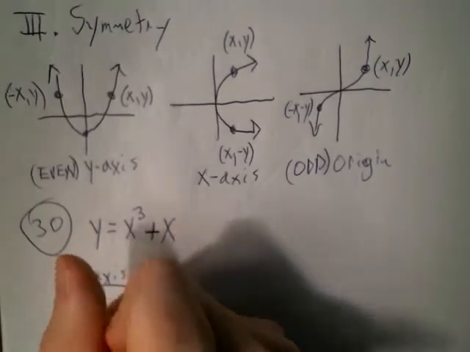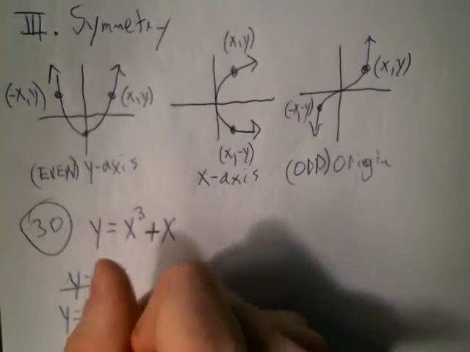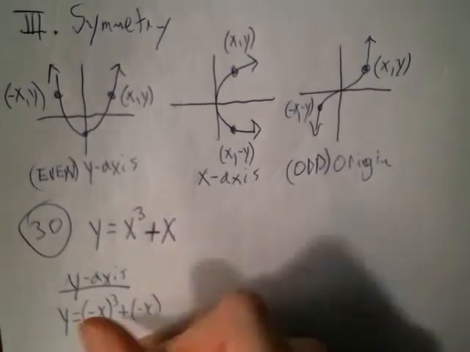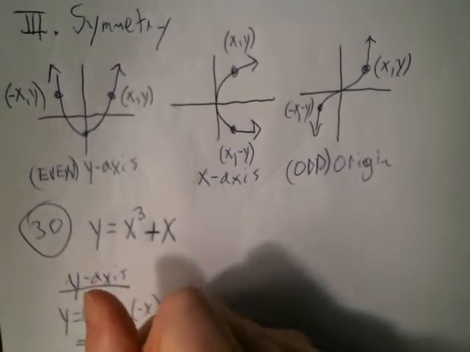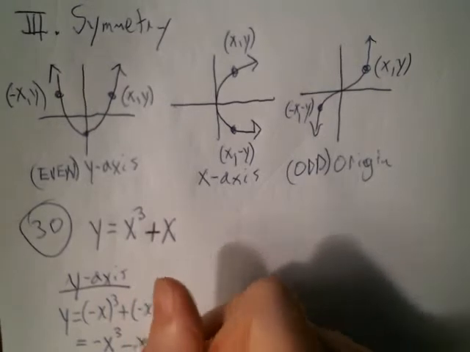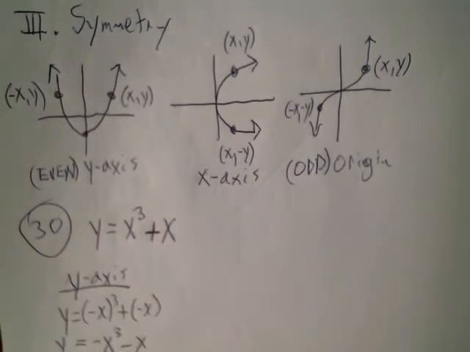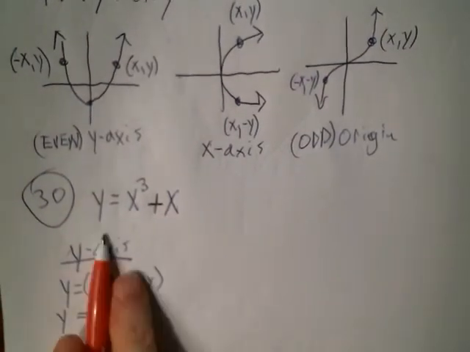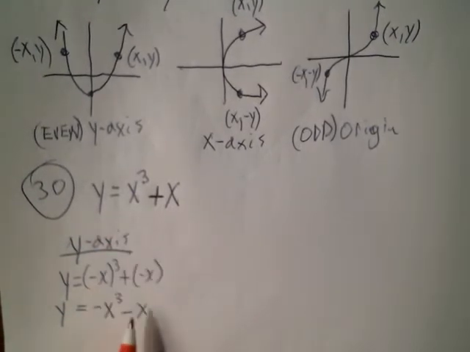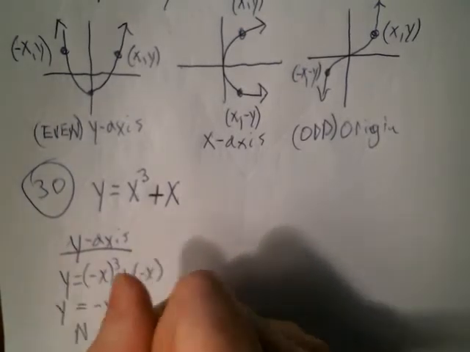So I'll have y is (-x) cubed plus (-x), and simplify it, and we get -x cubed minus x. And then you ask yourself, is that the same thing as the original equation? And of course it's not. It has opposite signs, so there's no way this is y-axis symmetric.